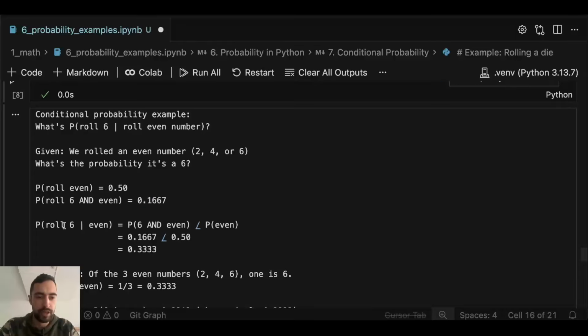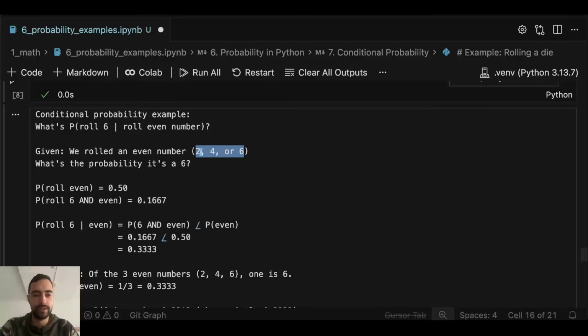And so the formula, we intuitively know that, let's first look at intuition. So we have 3 of these. If we roll an even number, then because each of these even numbers has the same probability, it's 1/3, 1/3, and 1/3 to be each of these numbers.